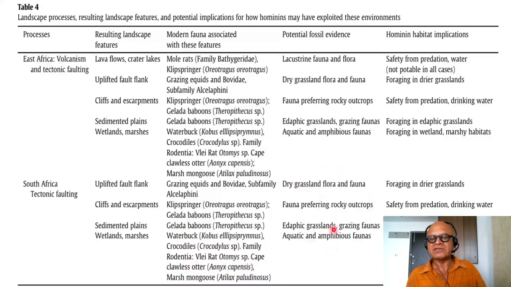Similar evidences, and again foraging in drier grasslands, safety from predation and drinking water, foraging in edaphic grasslands, foraging in wetlands and marshy habitats. So there is a constant interaction between tectonic changes, climate changes, landscape changes, faunal responses, and then hominin responses.